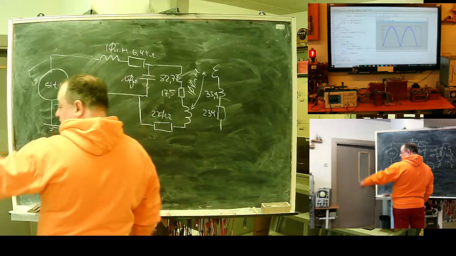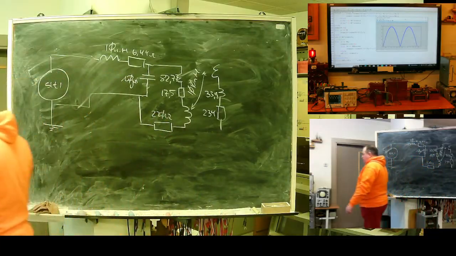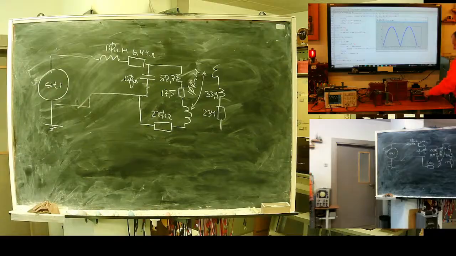Self of secondary winding. Next, this resistance box is set to 600 ohms.